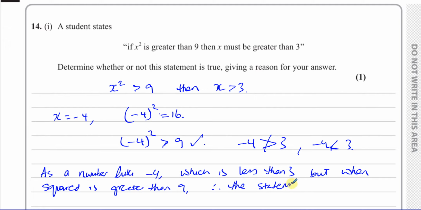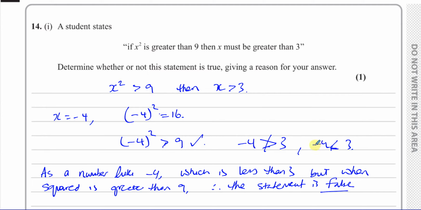The statement must be false. The statement is false because it's saying if x squared is greater than 9, then x must be greater than 3. That's false, because minus 4 squared is greater than 9, but minus 4 is not greater than 3.